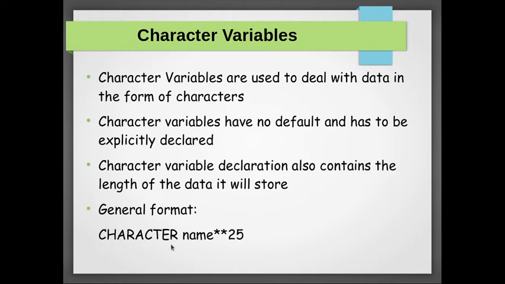So this is the general form in which we declare a character variable. Character is the declarative statement, name is the variable, and separated by a comma we can have more. Name star star 25 can store a maximum length of 25 alphabets. We can have say any other, C star star 5. So C also will be a character variable which can store a maximum length of 5, and so on.